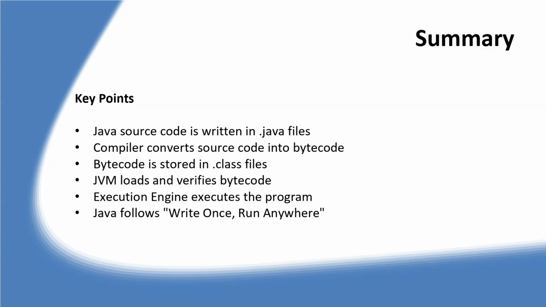Runtime memory areas support execution. Execution engine converts bytecode into machine code. Garbage collector manages memory automatically. And Java follows write once, run anywhere, since Java is platform independent because of the JVM.